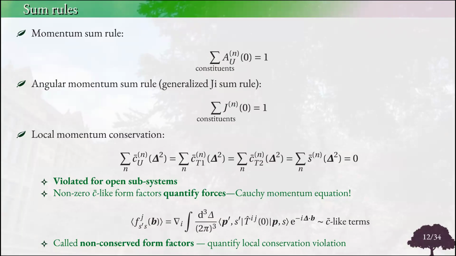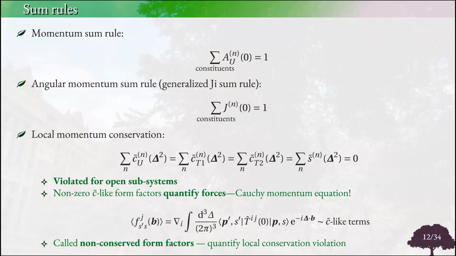They vanish when you take account of the whole system, but it's violated for open subsystems. And that actually has interesting implications. If you look at an open subsystem and you evaluate these, you get something that's non-zero, and if you take the gradient of your stress tensor, it gives you a force distribution on that subsystem.